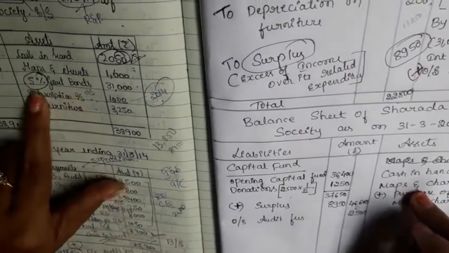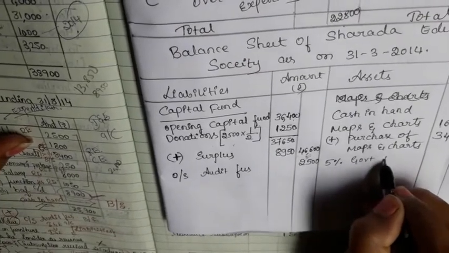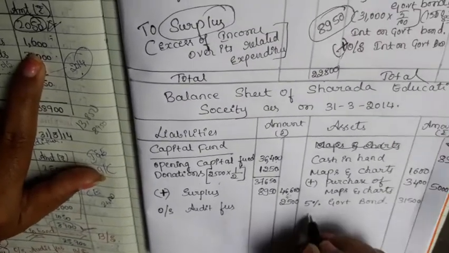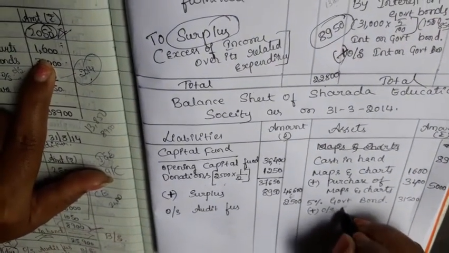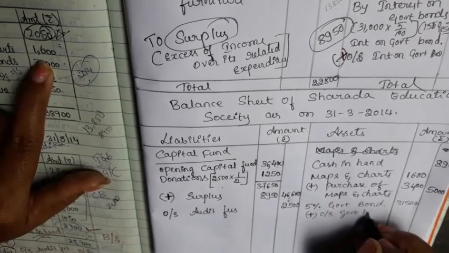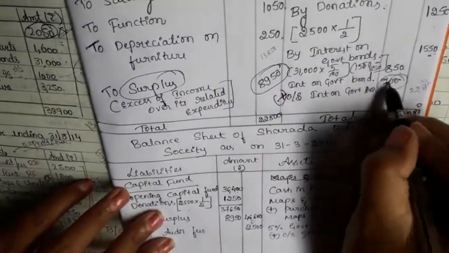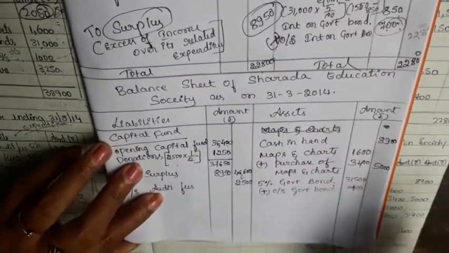Next one is government bond. 5% government bond, 31,000 rupees. There is outstanding interest on the government bond, rupees 700.